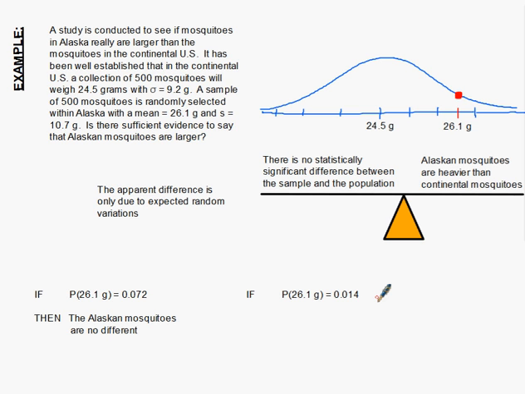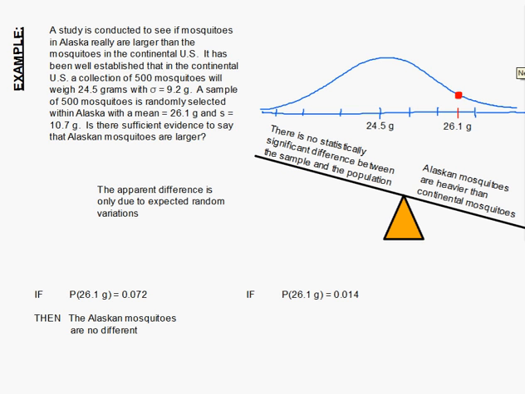So that's pretty unlikely. So I would probably go with the fact that the Alaskan mosquitoes are in fact bigger. This balance, and deciding between the two and using the probability to help you decide, that is the concept of hypothesis testing.